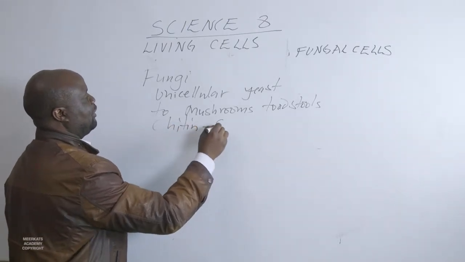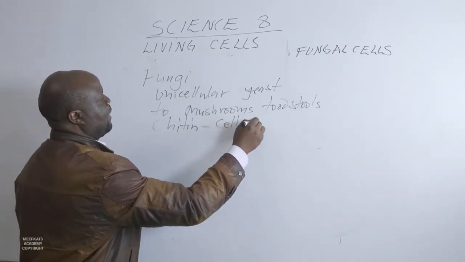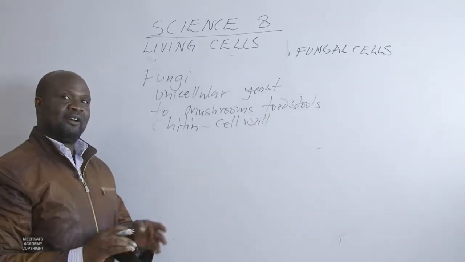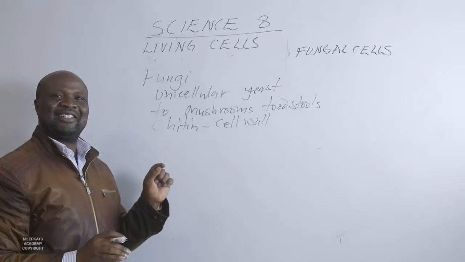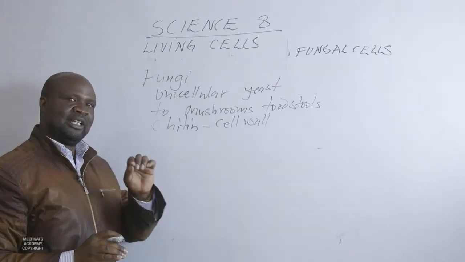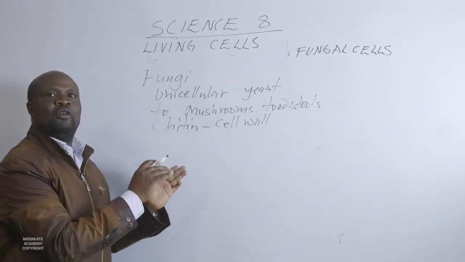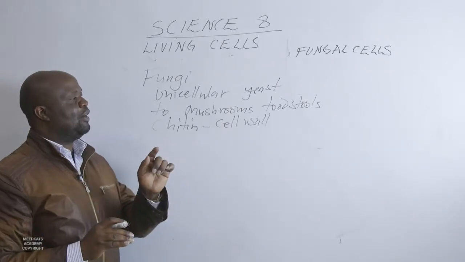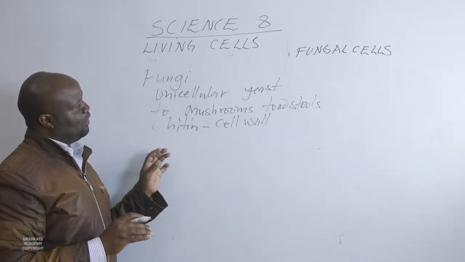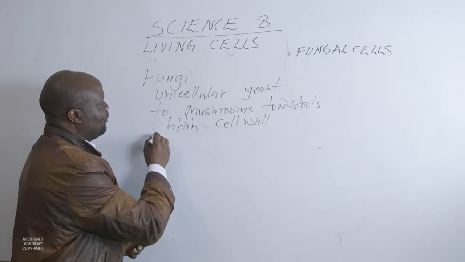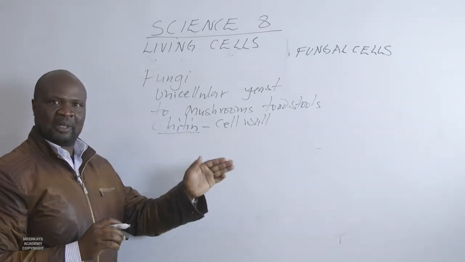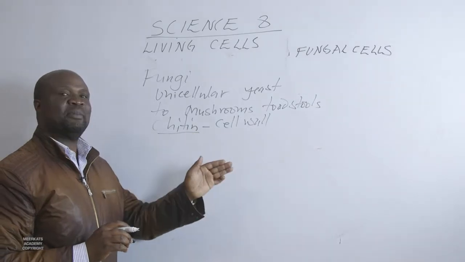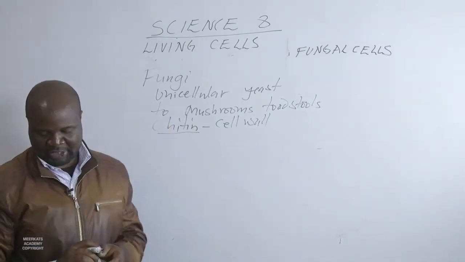Animals don't have a cell wall, but fungi cells have a cell wall. But the difference between the cell wall of a fungus and the cell wall of a plant is that the cell wall of a fungus is made up of a substance called chitin, while the cell wall of a plant is made up of a substance called cellulose.